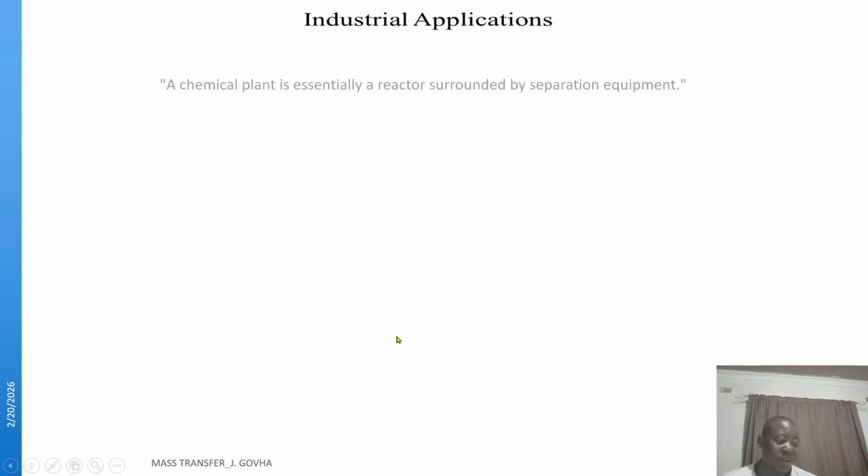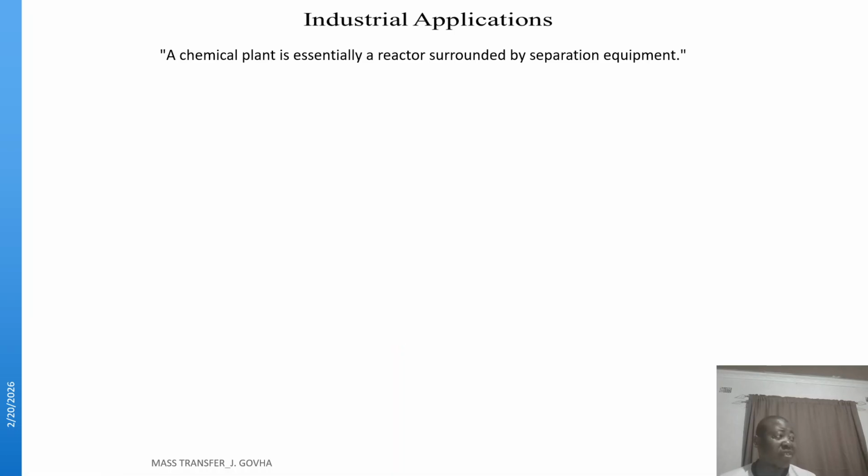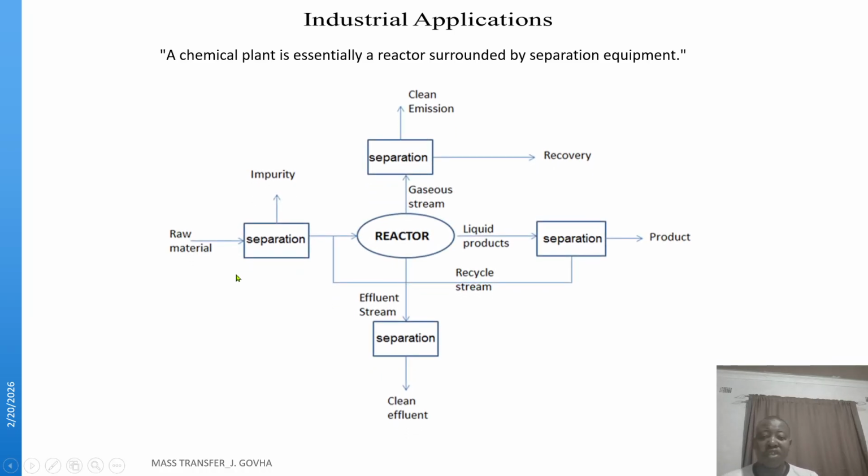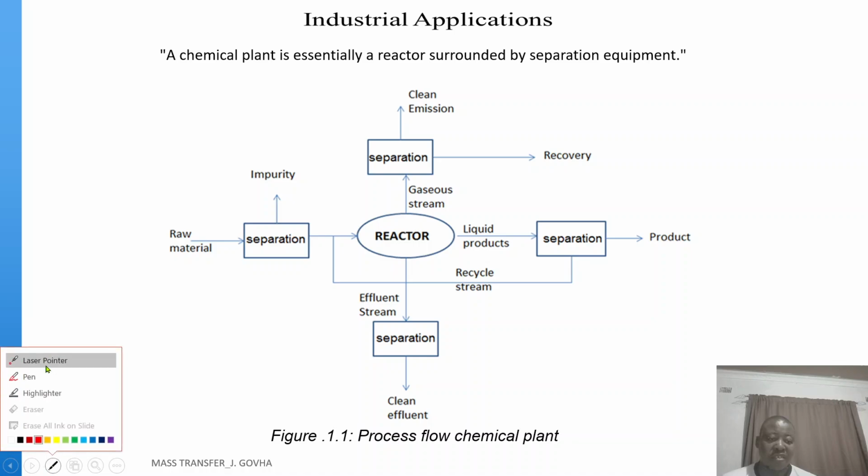So, industrial applications. Let's understand that a chemical plant is basically a reactor surrounded by separation equipment. As indicated in Fig 1.1, the reactor is at the heart of our process, and before the raw materials get to the reactor, impurities have to be removed.